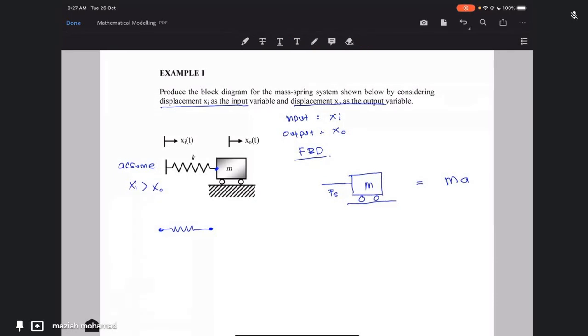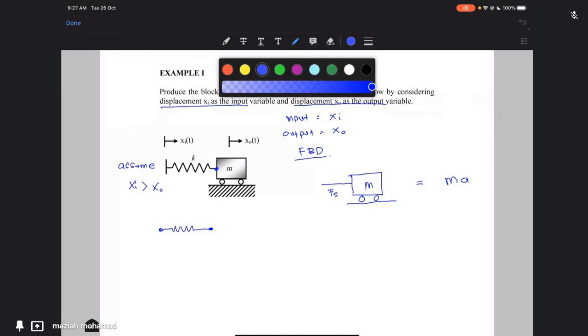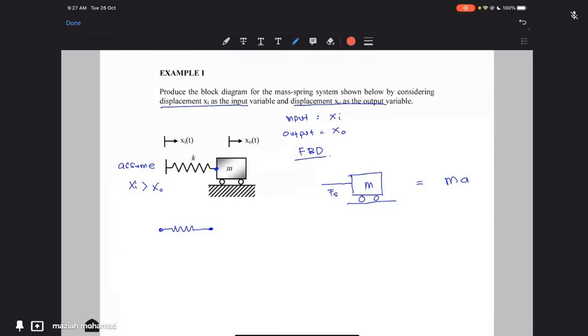Anyone? Zuhai, compression. Muhammad Azman, compression. Nafizan, compression. Yes, that is correct. The state of the spring is in compression.